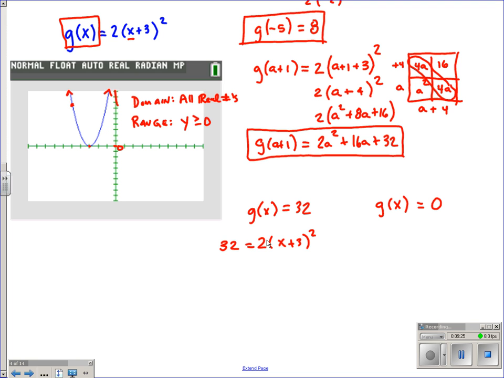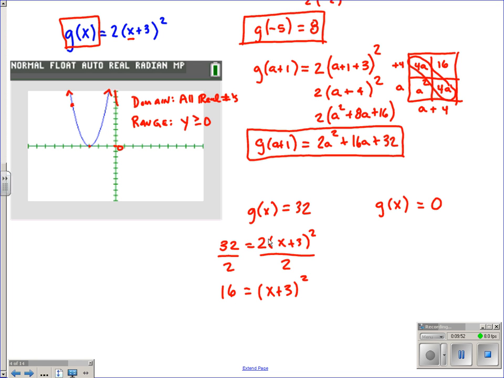So I've just substituted in my 32 for the g of x, and we're going to need to solve this now. I'm going to divide each side by 2. So I have 16 is equal to the quantity of x plus 3 squared.